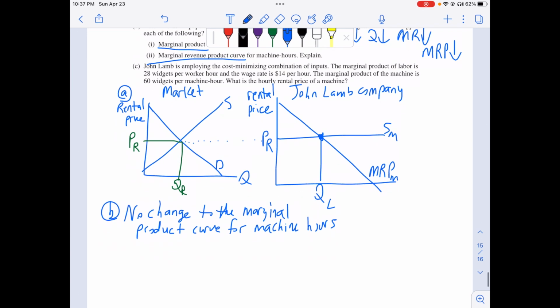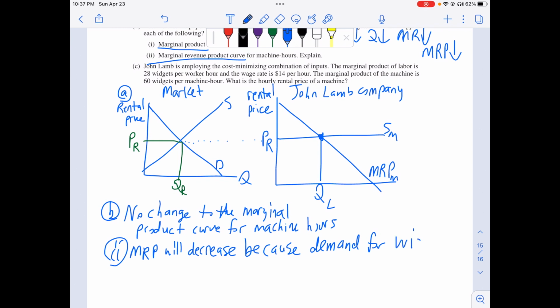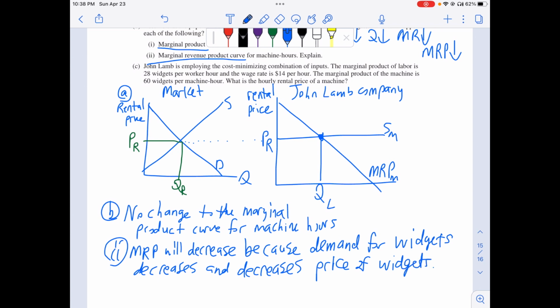So therefore, what we're going to say is that MRP will decrease because demand for widgets decreases and decreases the price of widgets. Okay, and there we go. That's part B.